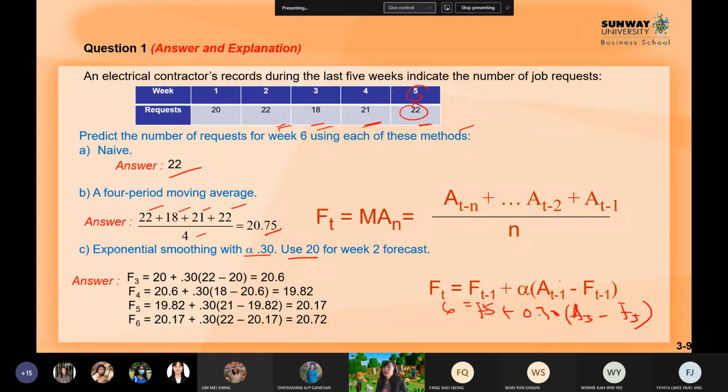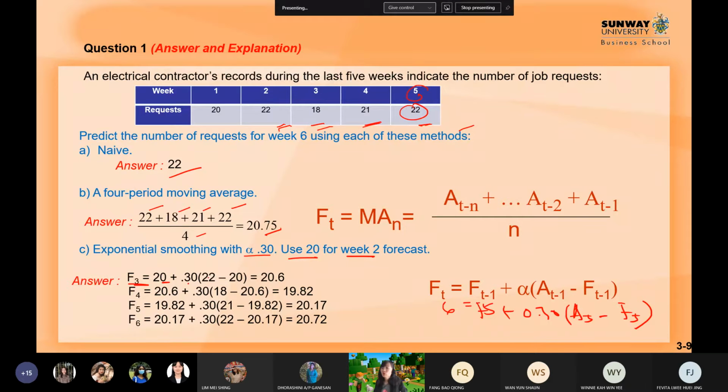Don't worry about that. We have to start from the beginning, week 3. Why week 3? Because the week 2 forecast is provided. So you take the week 2 forecast plus the indicator times the actual week 2 minus the forecast.